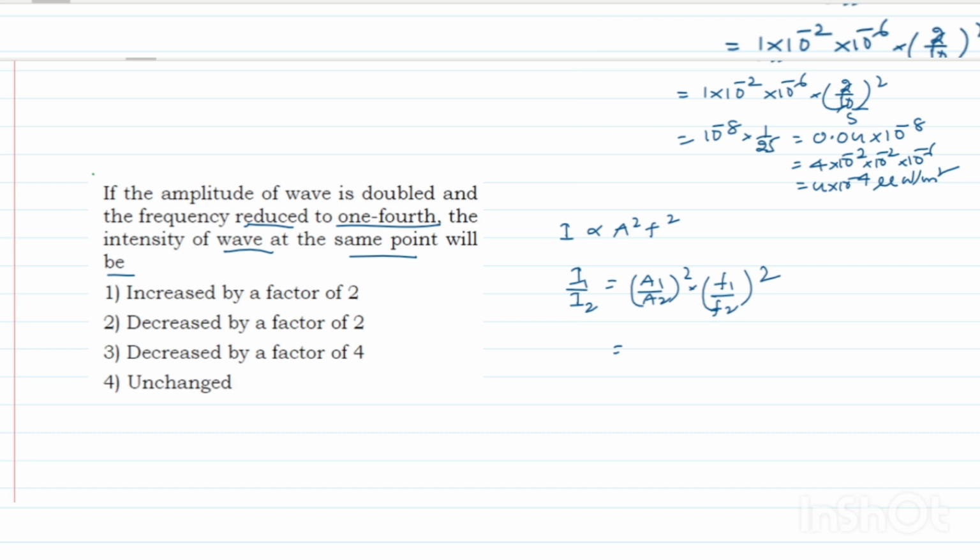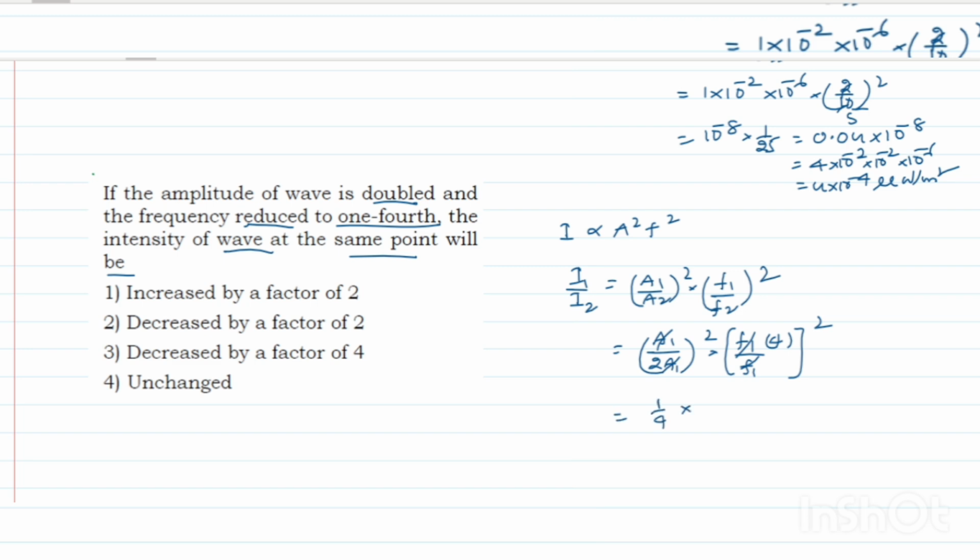So here the amplitude of the wave is doubled, so a1 by 2 times of a1 whole square, and frequency is given as 1/4, that means f1 by 4 will come to the numerator, whole square. f1 gets cancelled, a1 gets cancelled.